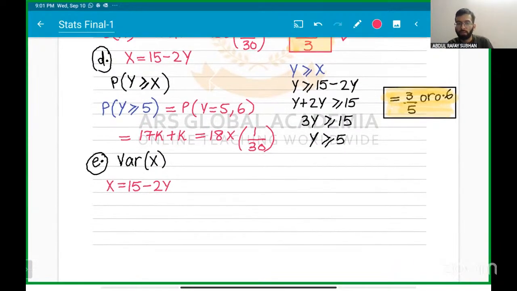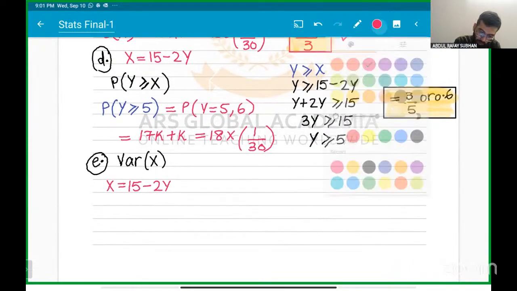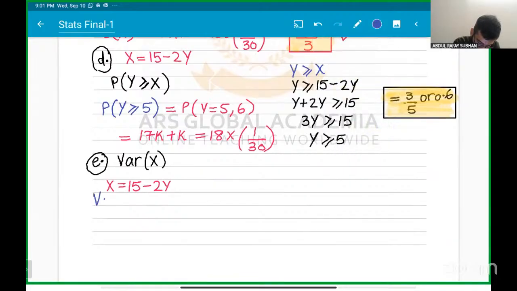If you have to find the variance of x, coding will be applied. When we have to find the variance for this type of question, the plus or minus doesn't matter. Whatever the sign is, plus 15 or minus 15, in our case it's plus 15, the plus or minus doesn't matter.